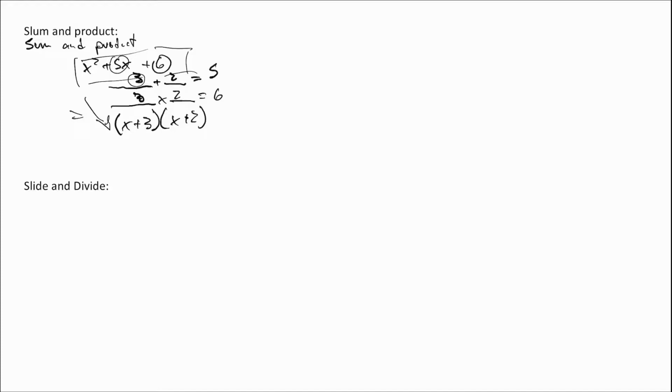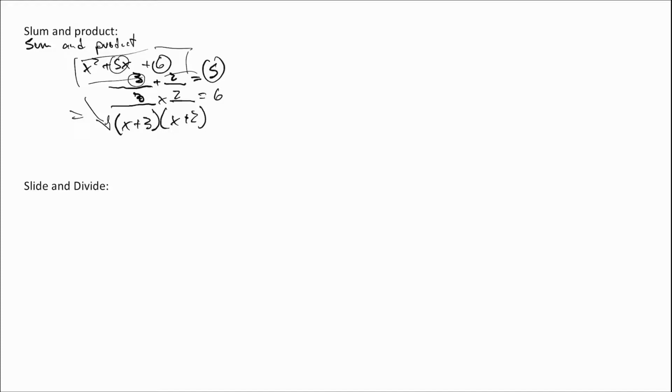You look for two numbers, which can be any numbers, that added together equal your b, and these same numbers multiplied equal your c, and then you add your two numbers to x and multiply. So that is the sum and product factorization method.